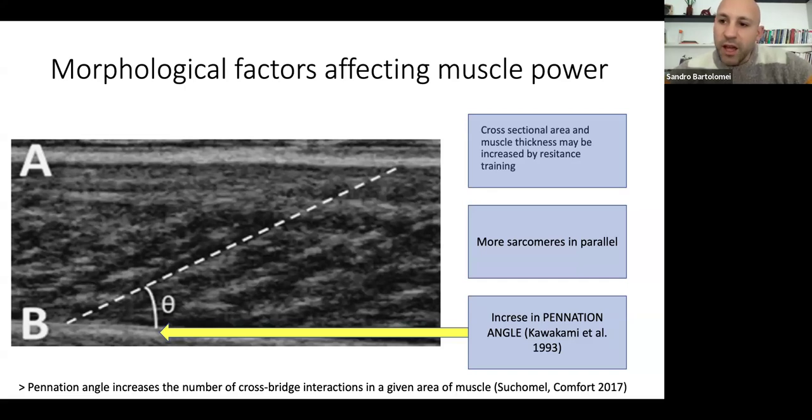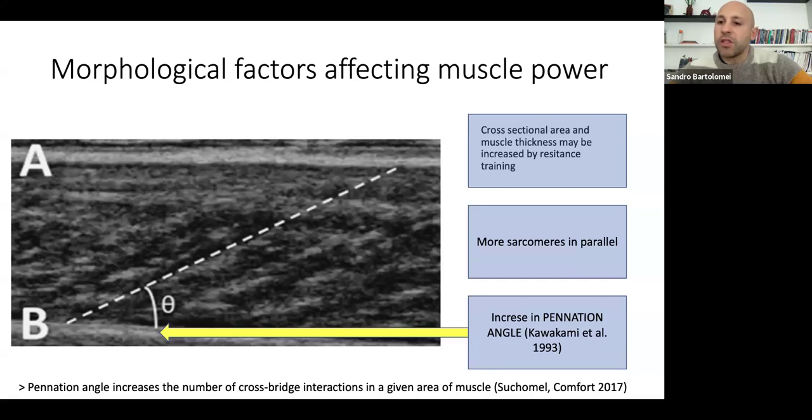So when pennation angle increases, force also increases because the number of cross-bridge interactions in a given area of the muscle is increased. At the end, the anatomical reason why the muscle is pennated is to store a higher number of fibers within the same cross-sectional area, okay?